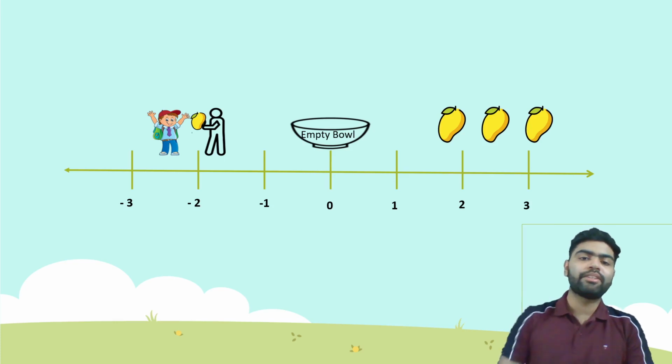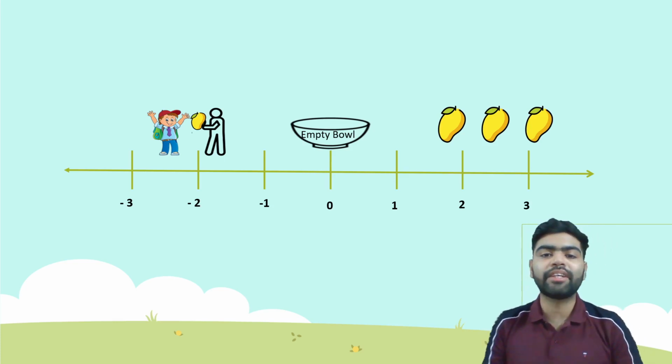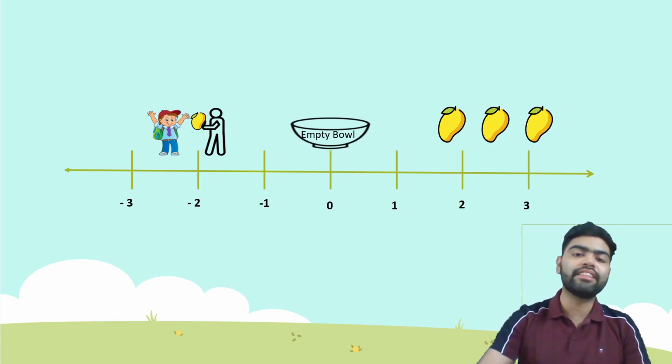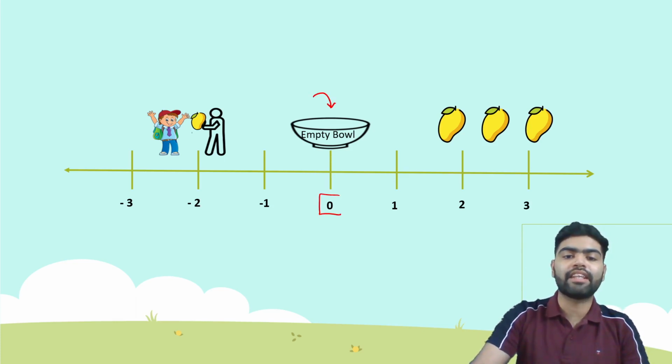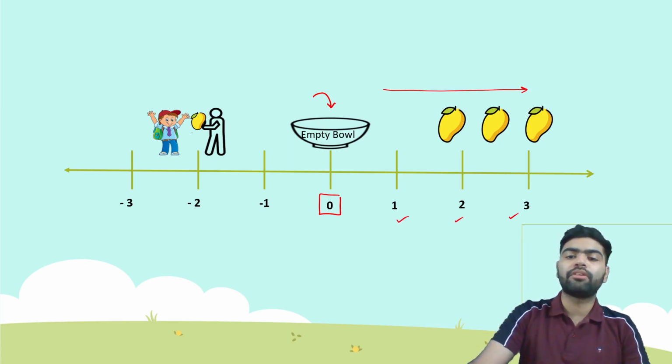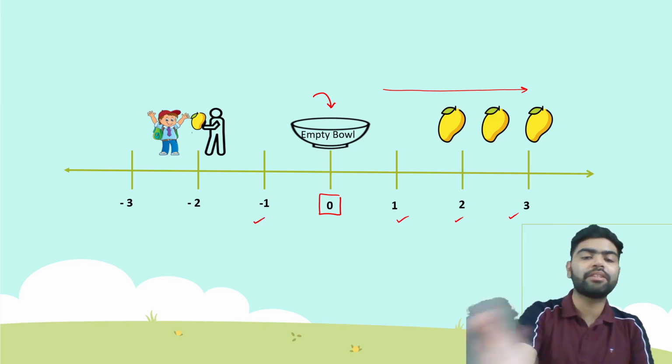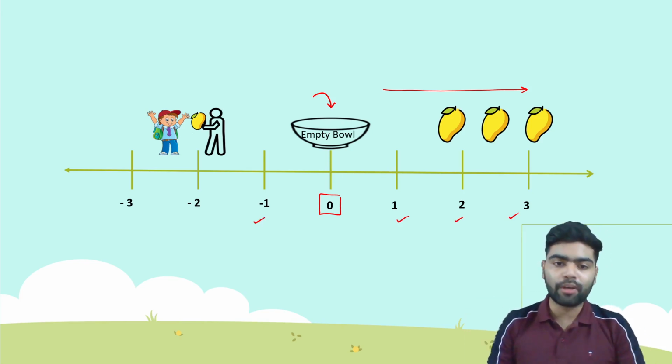Now here I have something called the number line. In this number line, you can see that the empty bowl, which is 0, is represented by this number. All the mangoes like 1, 2 and 3 are represented with the help of these numbers over here. Now the borrowed mango, that is -1, is represented to the left of 0.